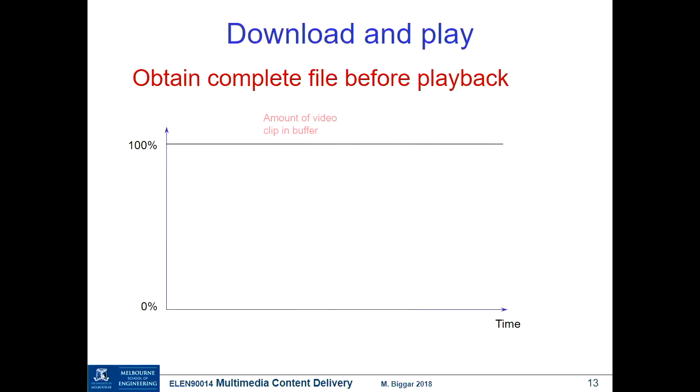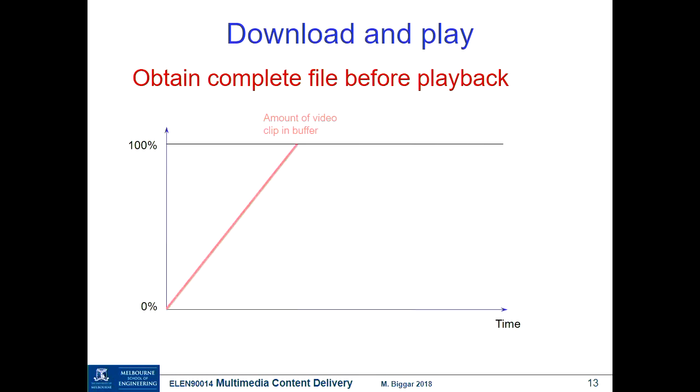So, to illustrate this, I'll use this diagram which is trying to show both the amount of video that is received and the amount of video that's been played. If we look at our first reference configuration where we download the entire file and then play it out, then we take some time.